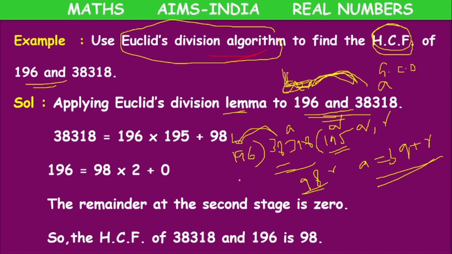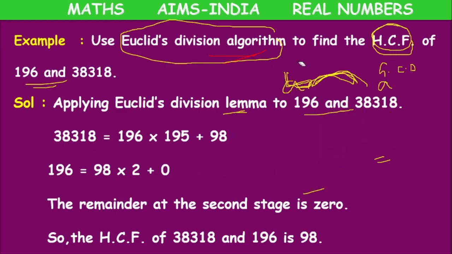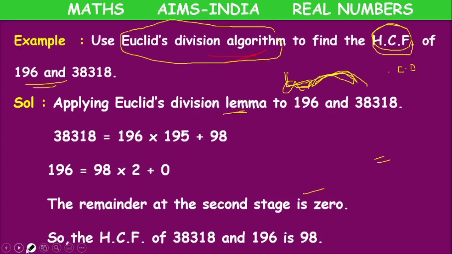According to the division formula, we can write dividend A equals divisor B into quotient Q plus remainder R. According to Euclid's division lemma, we stop here only.